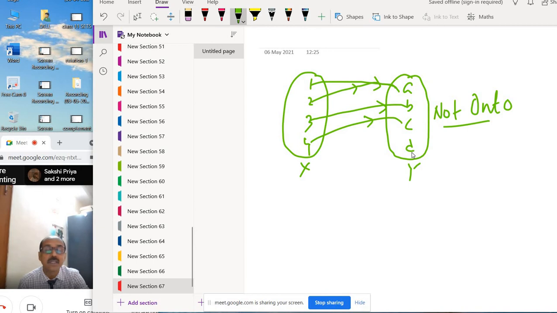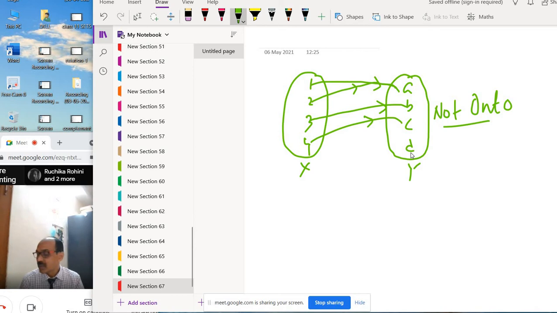So one element D is left, it has no pre-image. So this is not onto. Clear? Onto function. See this one example, one element D has no pre-image. So this type of function is not onto.